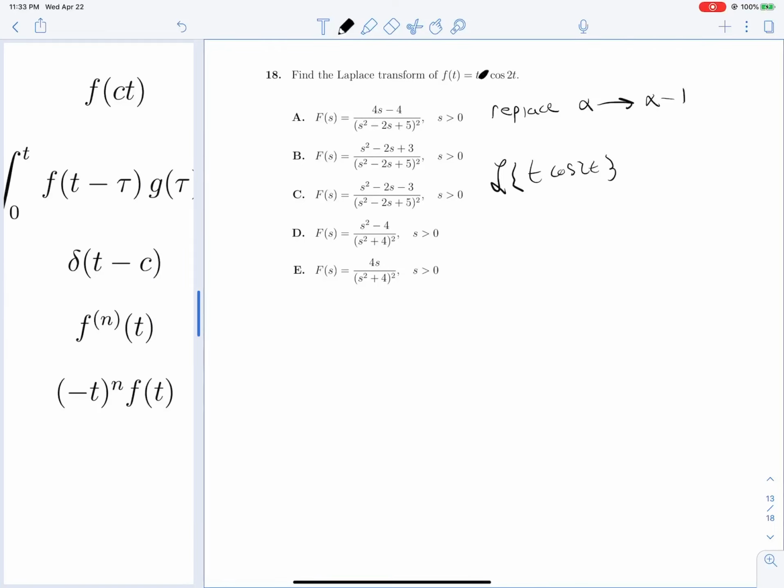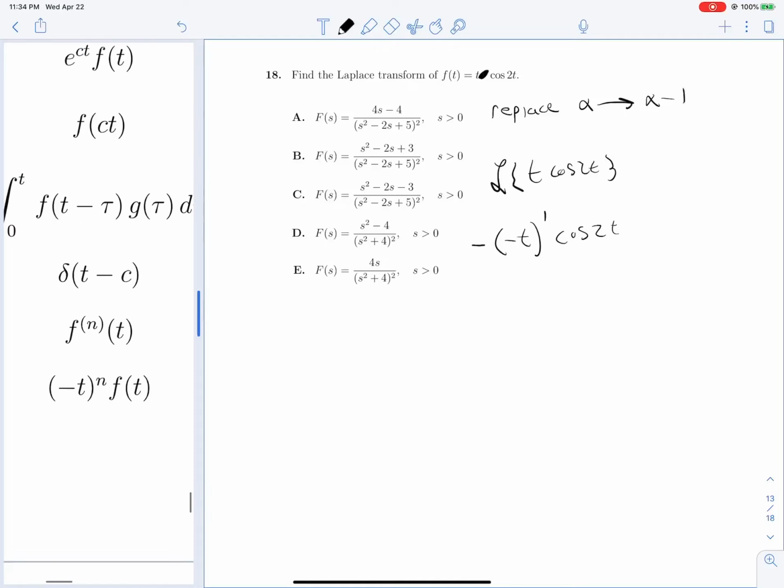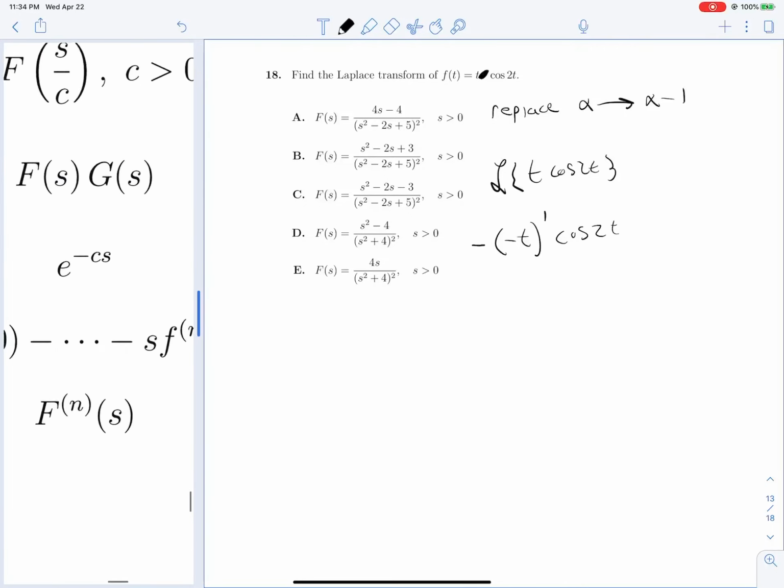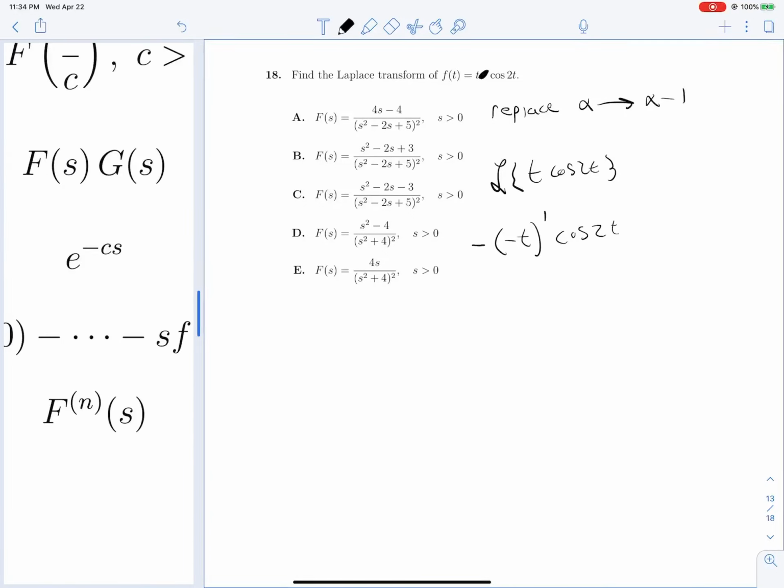So, since we are multiplying t to the first power by cosine of 2t, we will get negative f prime of alpha, where we're taking the Laplace transform of cosine of 2t and taking the negative derivative of that.